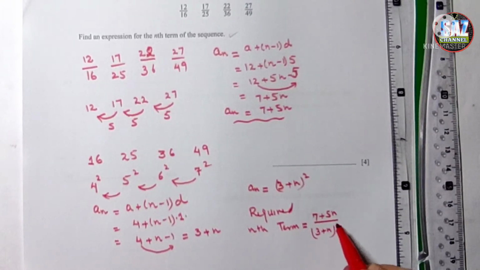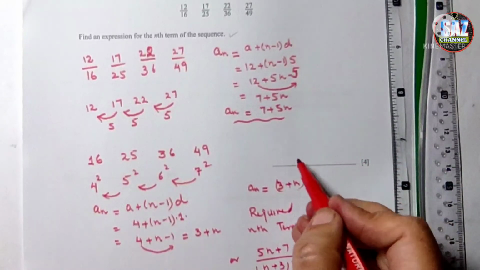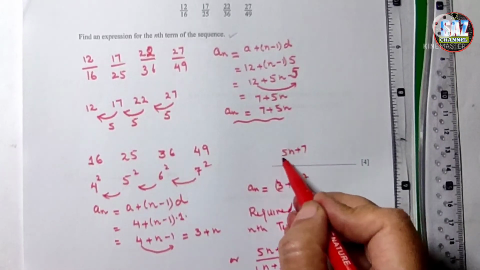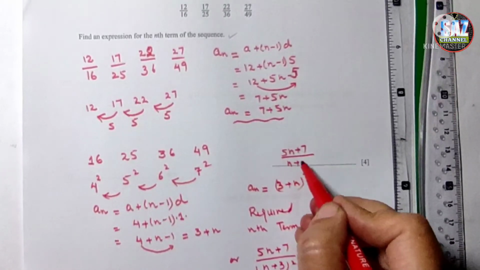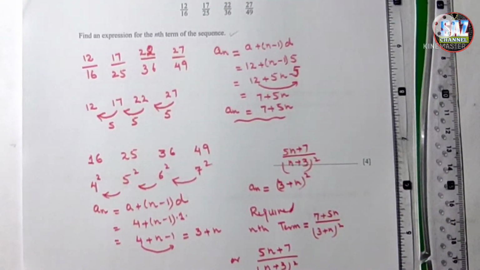You can write it this way, or you can write it as 5n plus 7 upon (n plus 3) whole square. Really easy question, and let me fill up the answer space: 5n plus 7 upon (n plus 3) whole square. And let's move to the next question.